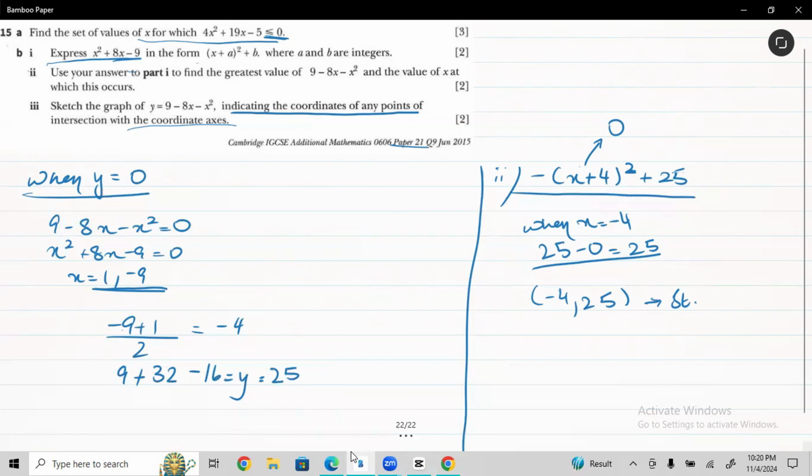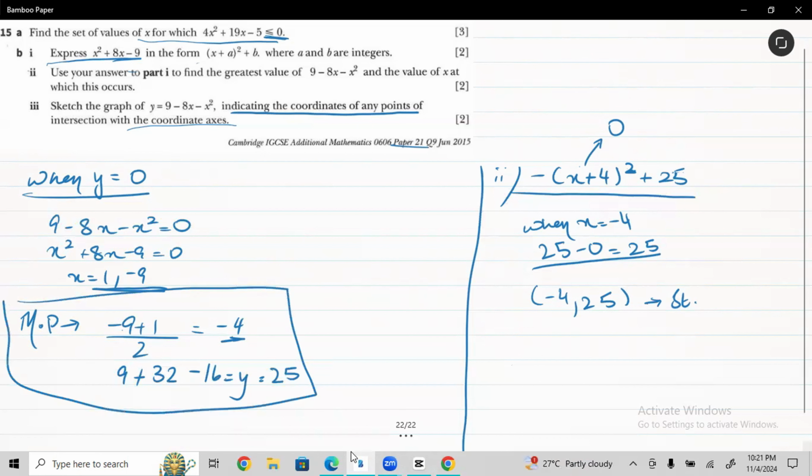Then what I do is find the midpoint. When I find the midpoint of these two x values, I get my stationary point, which is 9 plus 32 minus 16, equal to 25. Again, I just did this part for confirmation of my stationary point, and this one was correct.